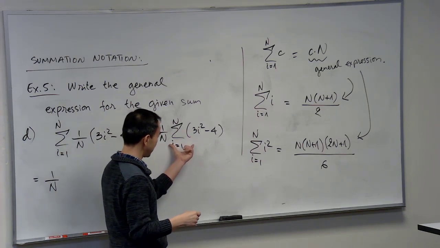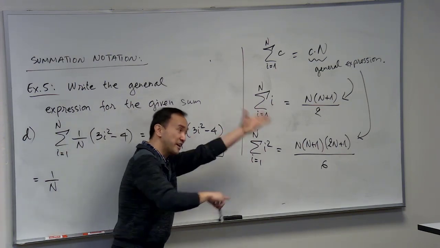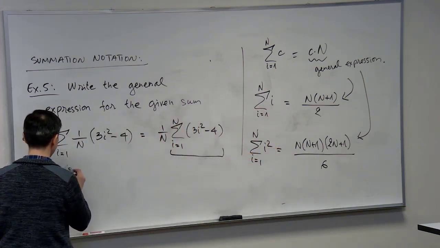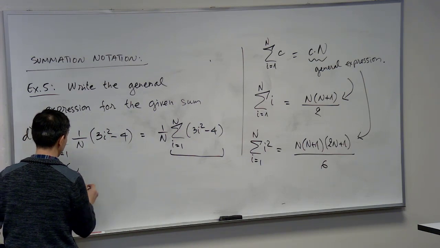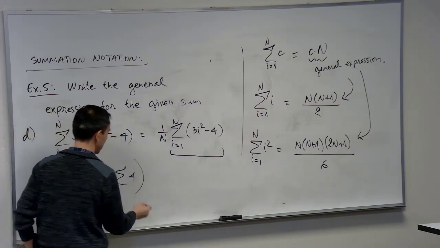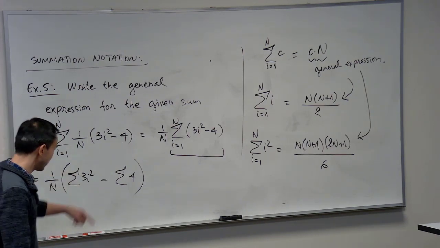This sum right here, when you focus just on that sum, now it has two terms, right? So we bring in our past understanding from earlier. I'm going to break that down as one summation for 3i squared, and one summation for 4. That means distributing the 1 over n to each one of these.